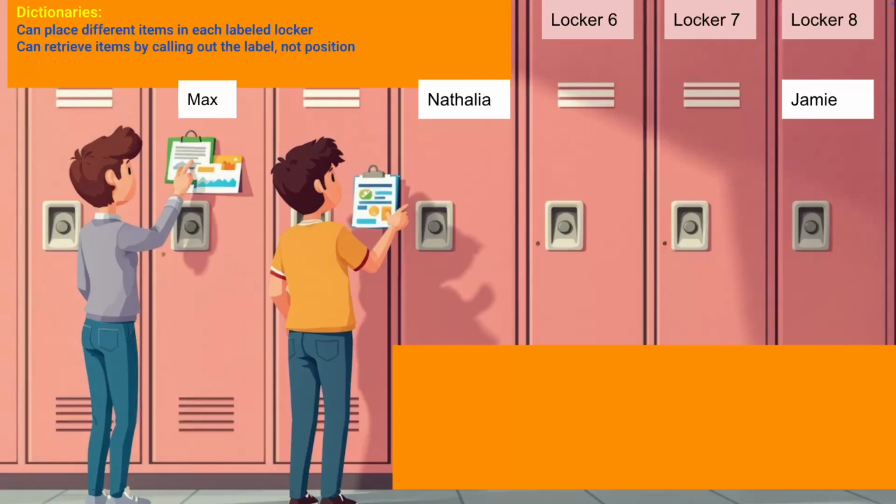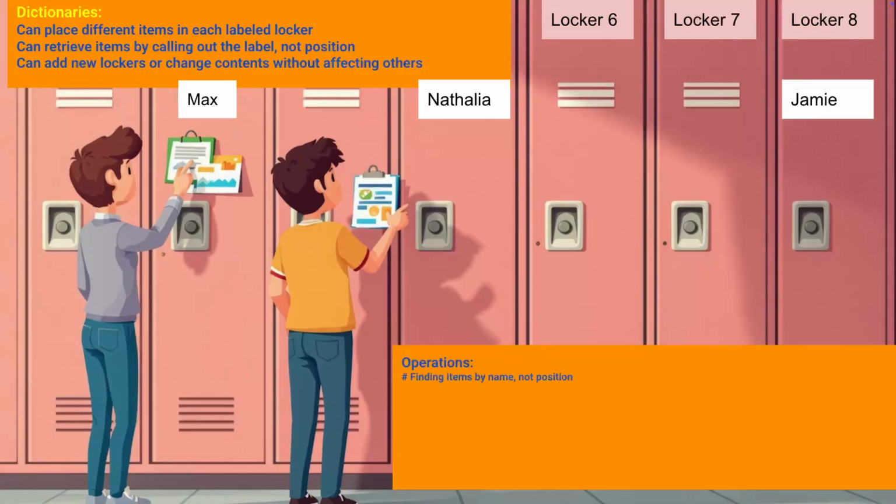But you will retrieve items and update by referring to the label, not the position. So it's not a numbered index, it is a character type index. And I'll show you that in a moment. You do have flexibility as well with dictionaries where you can add new lockers, you could change the contents, and that won't affect other lockers.